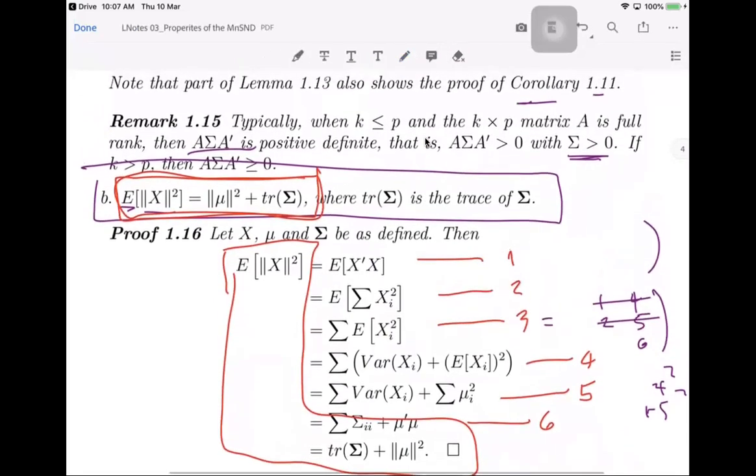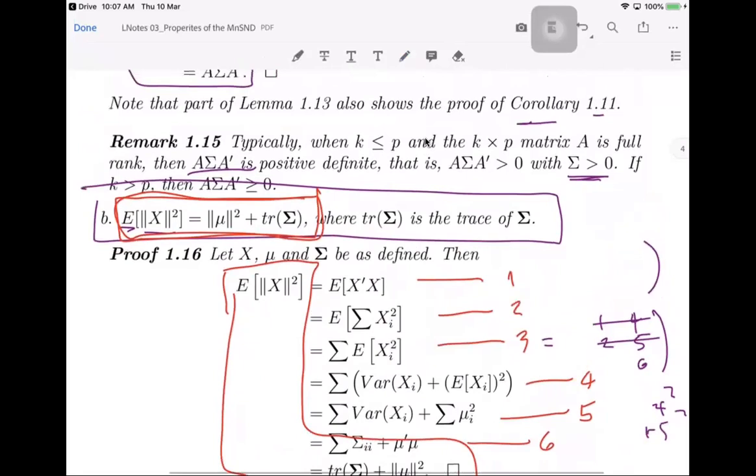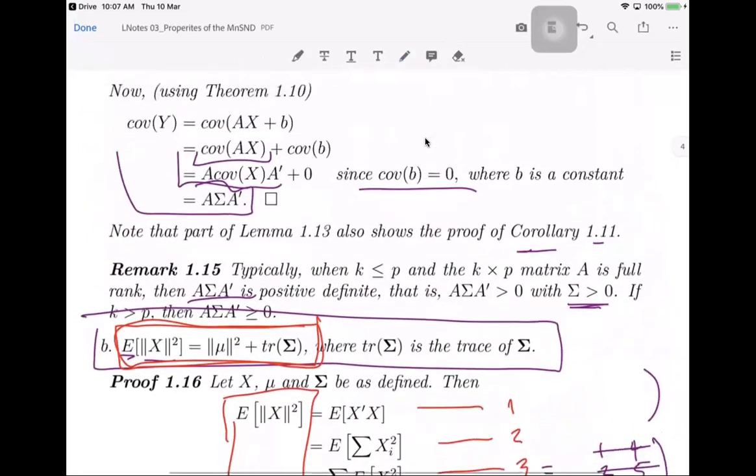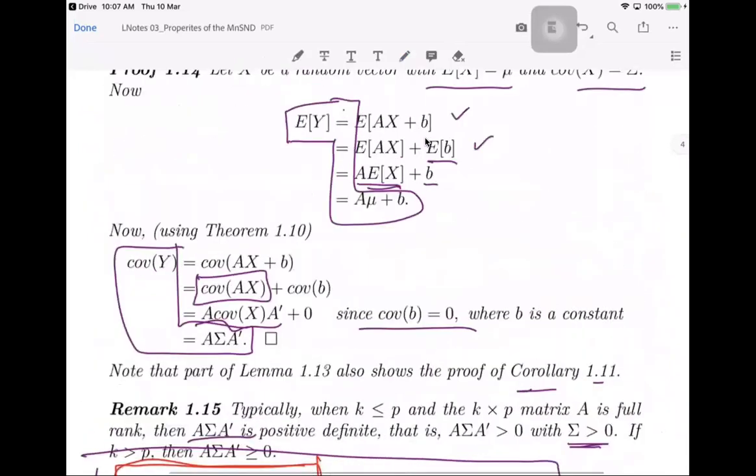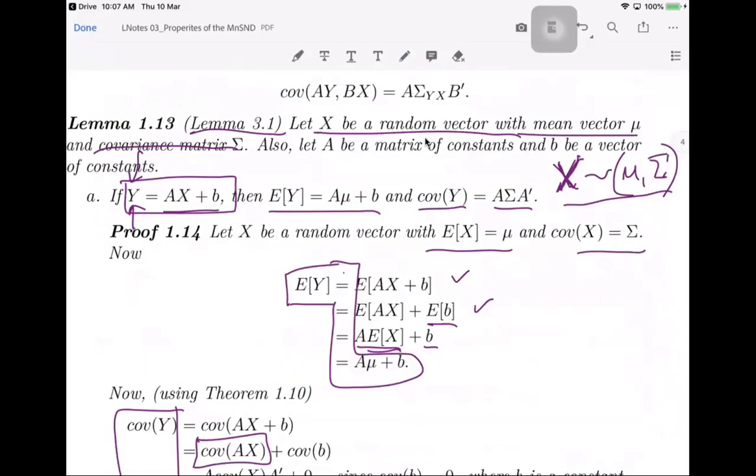X is a random vector. There's no specific dimension, as long as when you do vector and matrix multiplication, it's conformable. X is assumed to have a mean vector mu and a covariance matrix sigma.